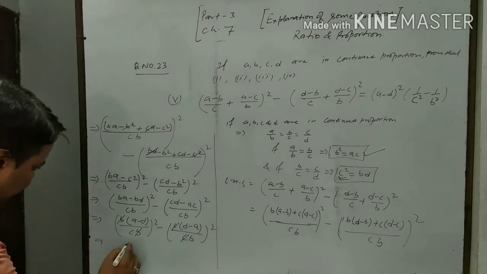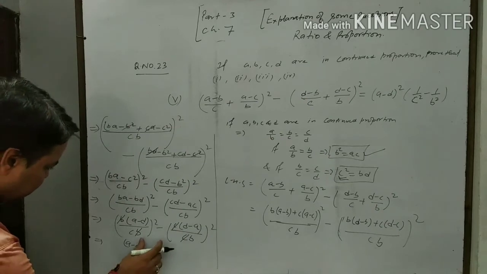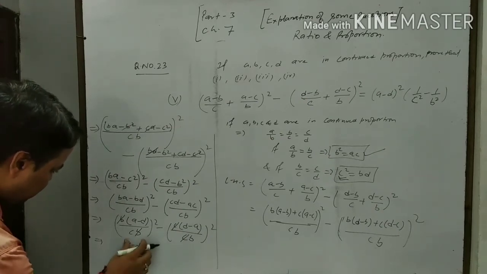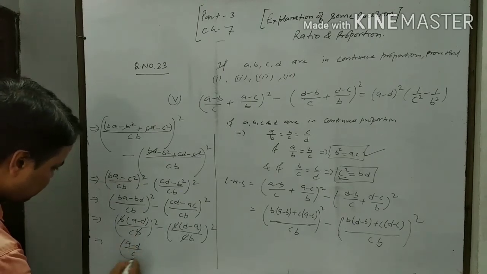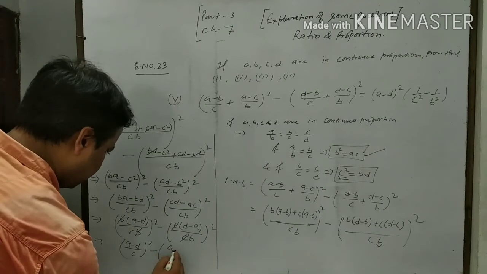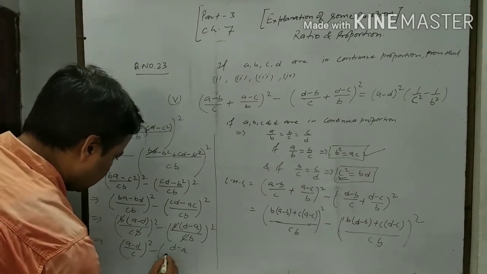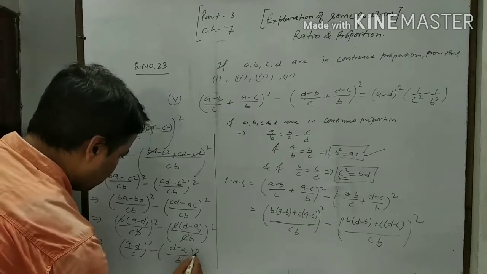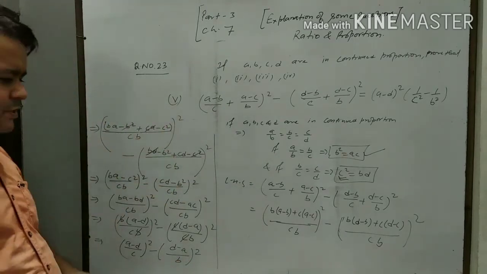Here we have A minus D upon C whole square minus D minus A upon B whole square. After that, we just take one step.